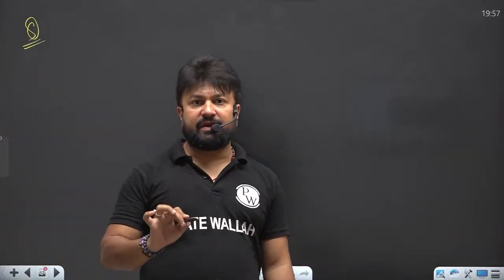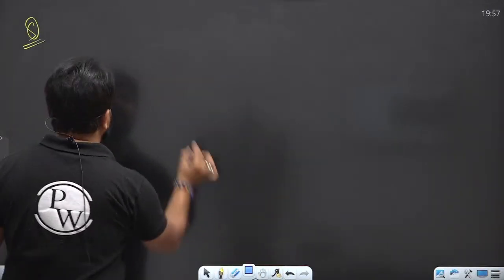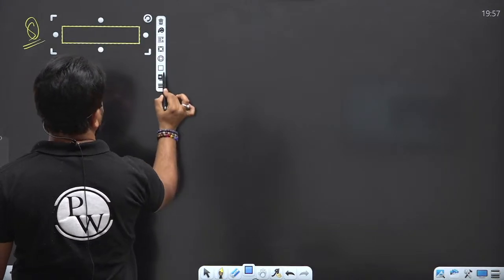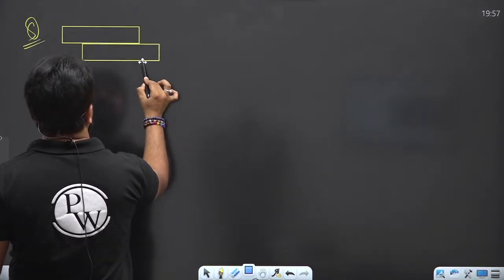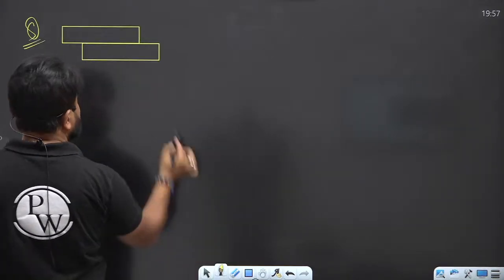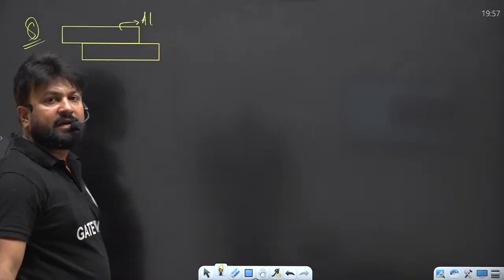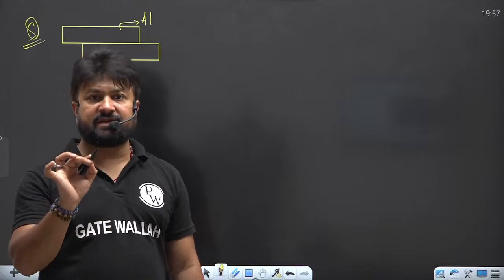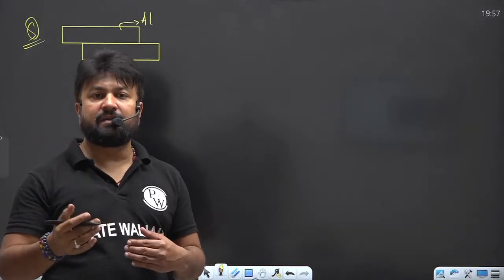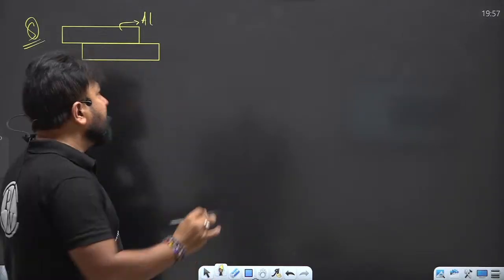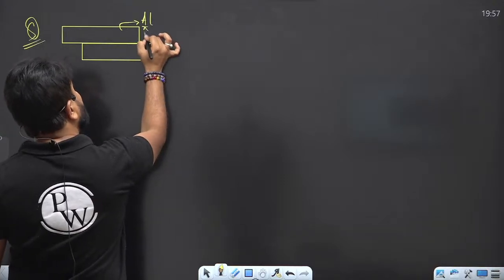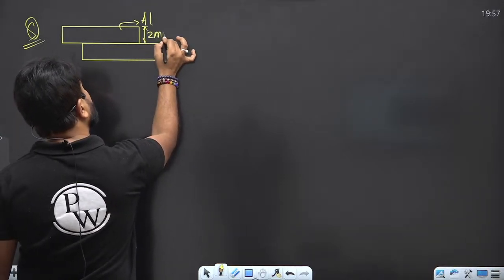Listen to me carefully. There is an aluminum strip. This aluminum strip is going to be welded by resistance welding, and it has a thickness of 2 mm.